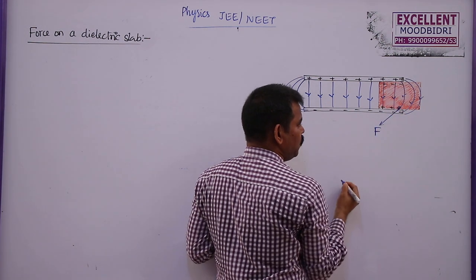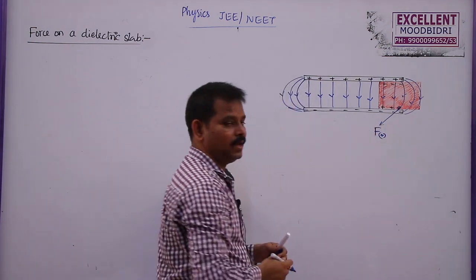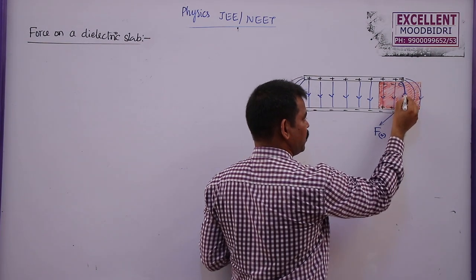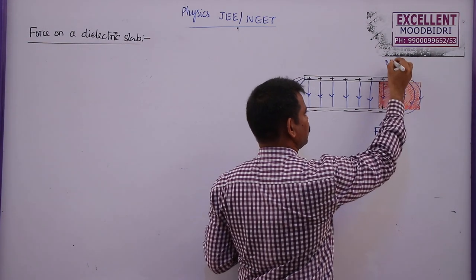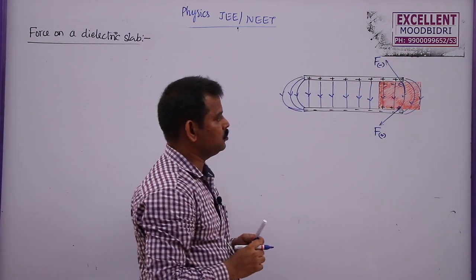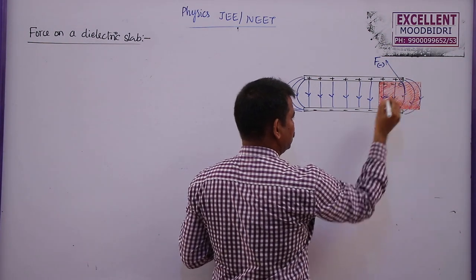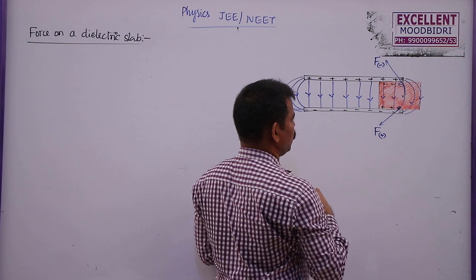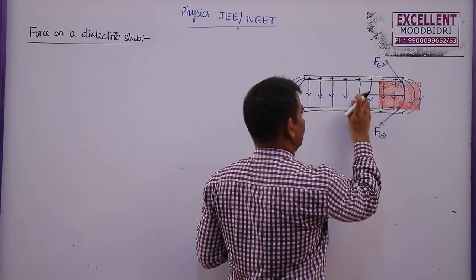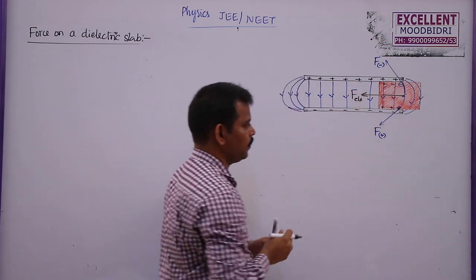This is the force due to the induced charge on the dielectric. Similarly here the negative charge will not move in the direction of the field, it will try to move in the opposite direction. This is the direction of the negative charge induced on the dielectric. So due to this and this, the dielectric will experience a force. The resultant of these two is given by this direction of the force, and this we call the electric force.